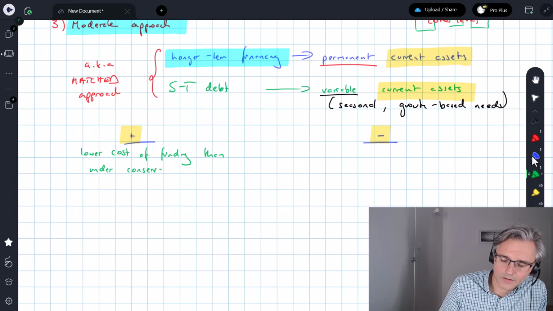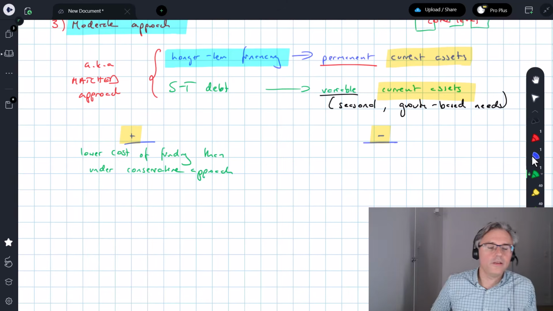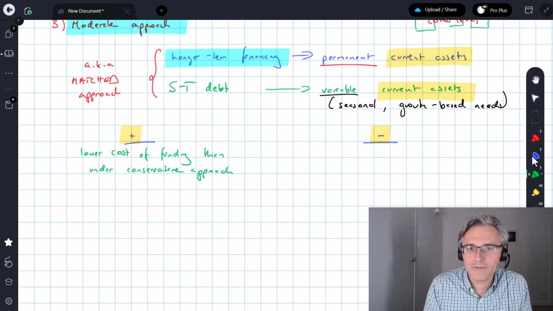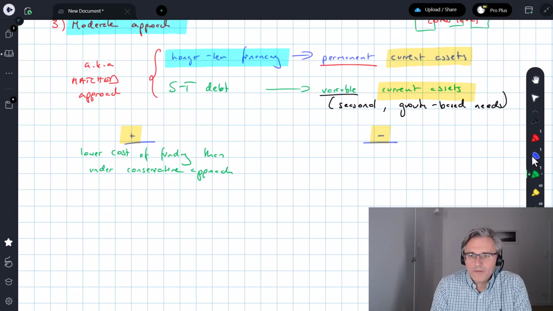Yes, because under the conservative approach, your aim is to predominantly fund your current assets with longer-term funding needs, which are always more expensive. But you could flip this around and say, but it's also more expensive than the aggressive approach.